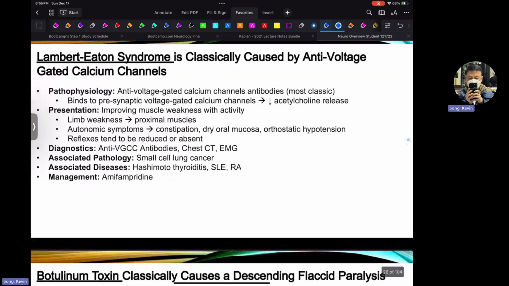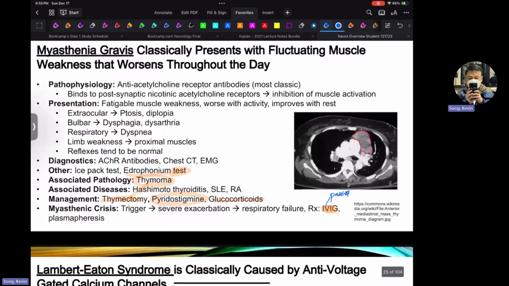All right. Lambert-Eaton and then myasthenia gravis. Myasthenia gravis is the post-synaptic nicotinic acetylcholine receptors.